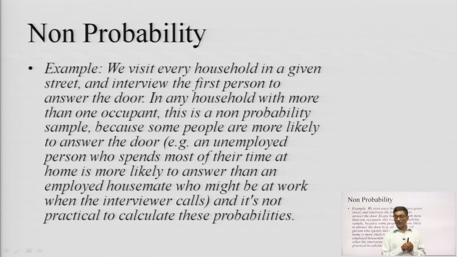For example, an unemployed person who spends most of their time at home is more likely to answer than an employed person who might be at work whenever the interviewer calls, and it is not practical to calculate these probabilities. So, in such a situation we apply non-probability sampling, because here the investigator does not know the probability of selecting a unit in a sample.